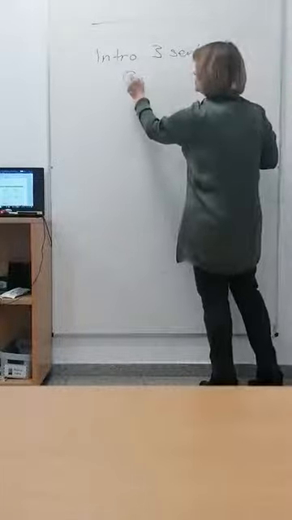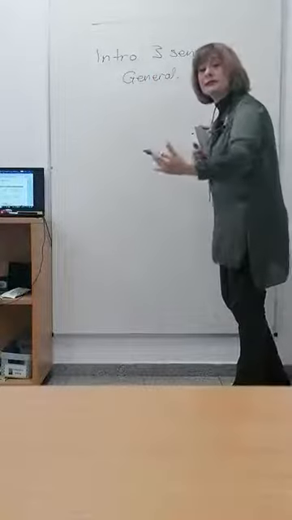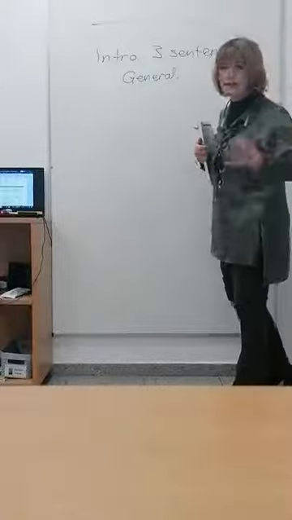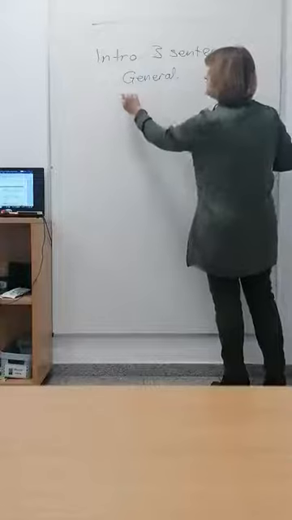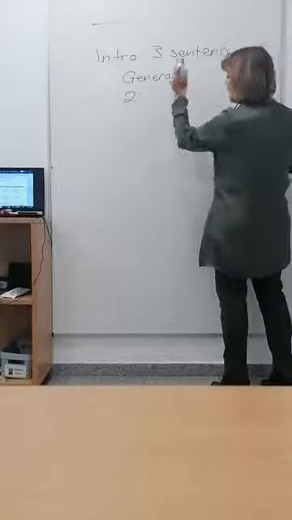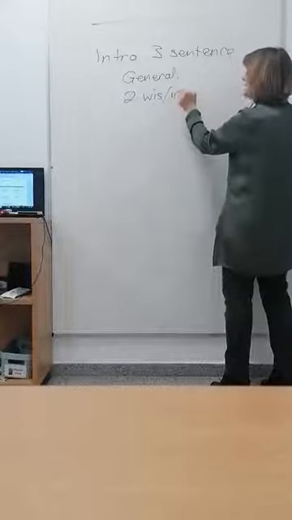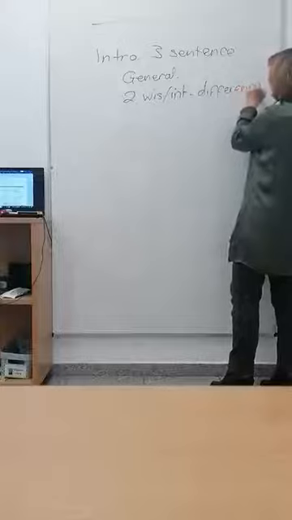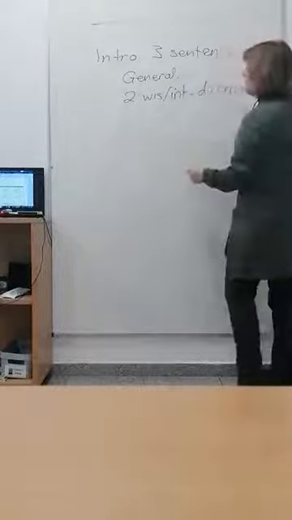In this one, we've got general, how much wisdom is admired, for example, or how important it is to be born intelligent, just like you, or whatever. The second sentence, you need to say these two things, wisdom and intelligence, are different, although they are very often interchanged and we get confused about them.